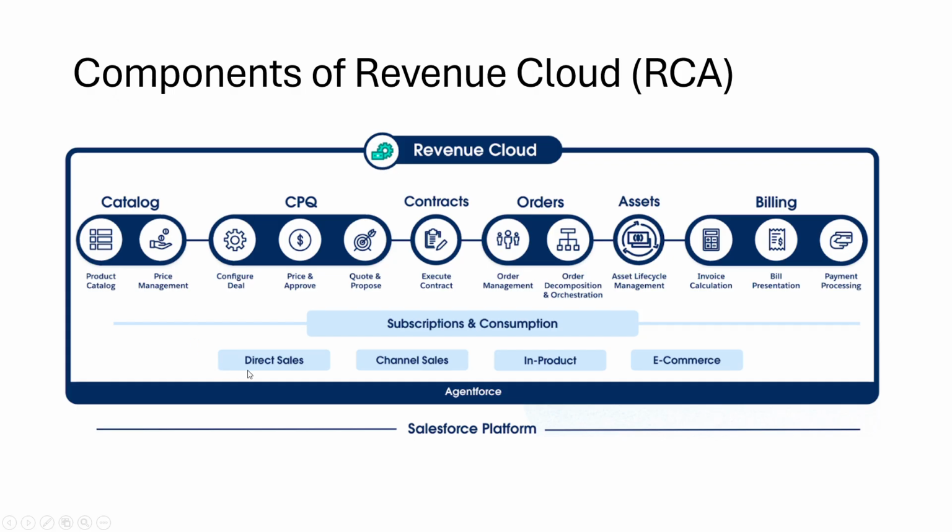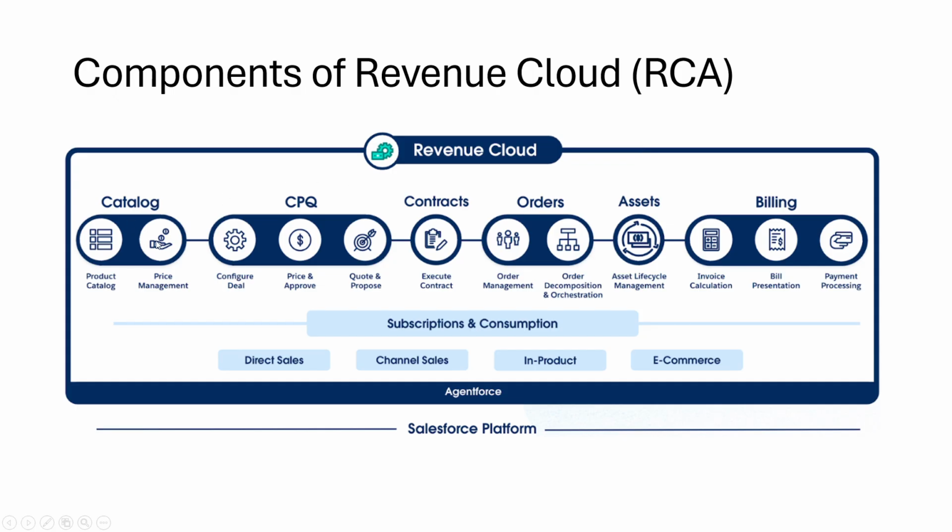Revenue Cloud supports all channels: direct sales, channel sales, in-product and e-commerce. With its headless API, you can now integrate with any channel. It's all loosely coupled, modularized, and metadata driven when compared to CPQ. You will truly appreciate its benefits once you start utilizing Revenue Cloud Advanced.